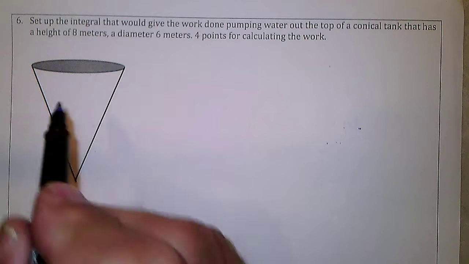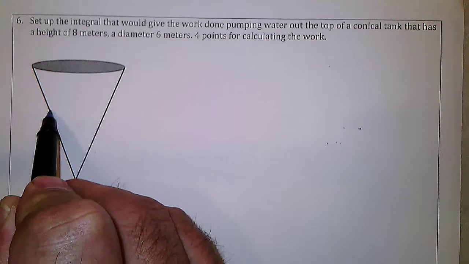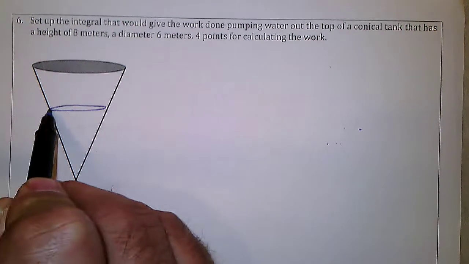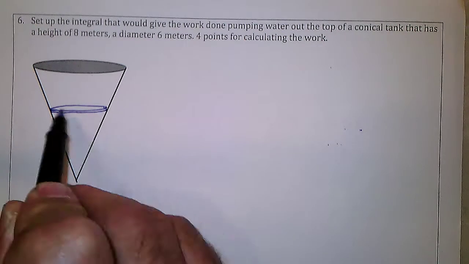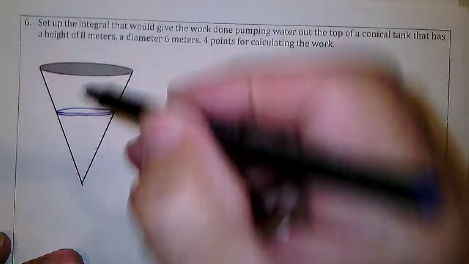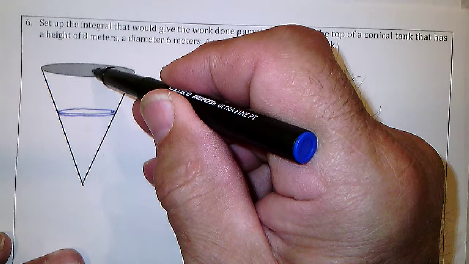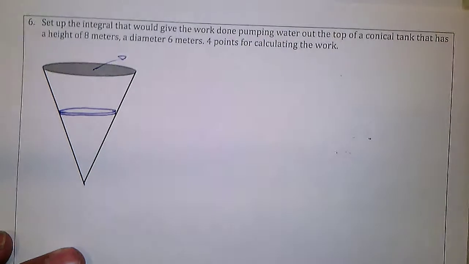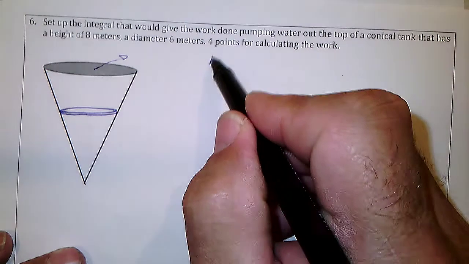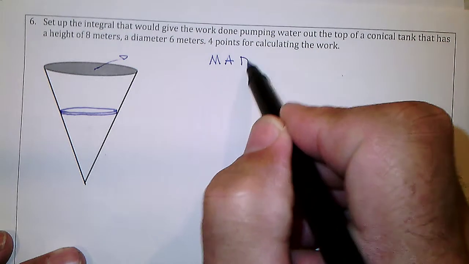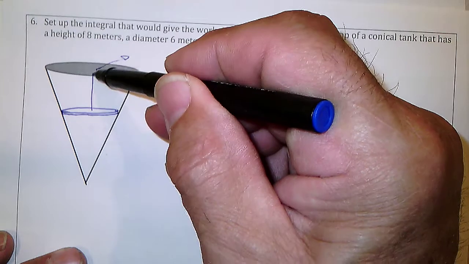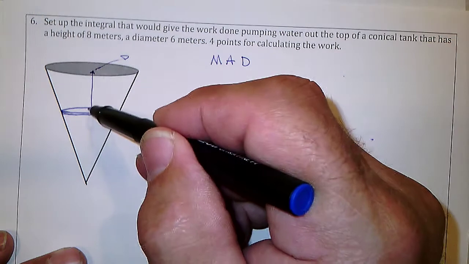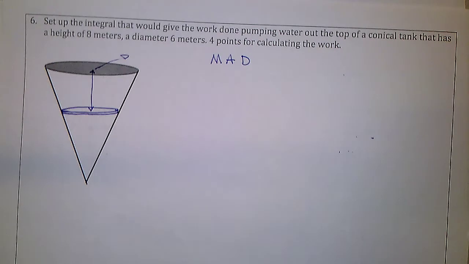But what I do want to see is that you think about a slice of this cone, this volume, this disc in here, that you have to lift to the top of this cone to get it out. So we're doing M, A, D, and D is the distance you're lifting it.